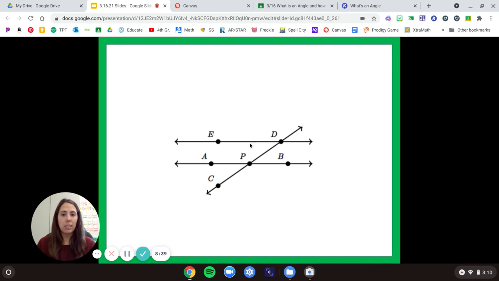Or I could do CDE or PDE. Do you see another acute angle? I can also see angle DPB. That's acute. Or angle APC.